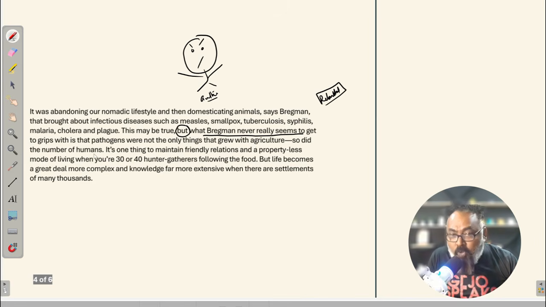So did the number of humans. It is one thing to maintain friendly relations and a property-less mode of living when you are 30 to 40 hunter-gatherers following the food. But life becomes a great deal more complex and knowledge far more extensive when there are settlements and many thousand people.